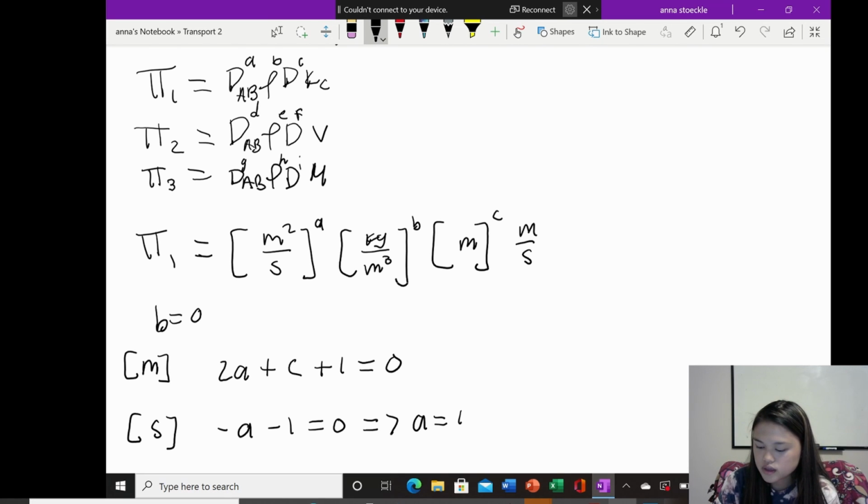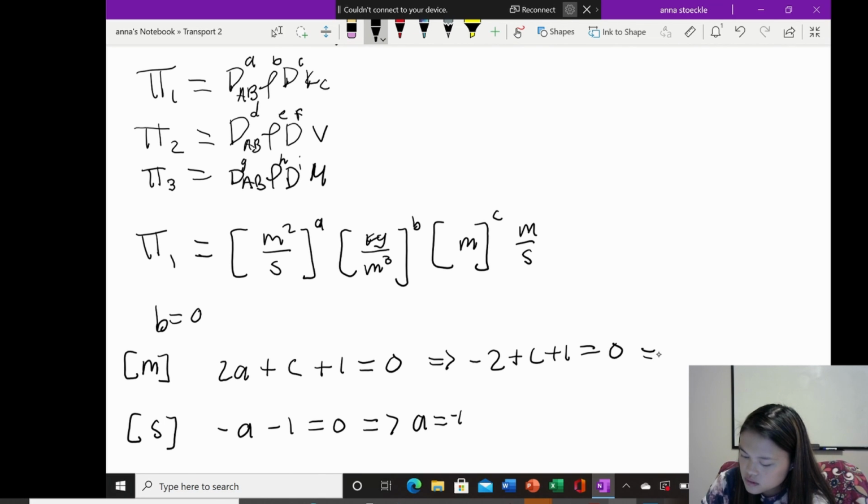So then if we plug this in, sorry, negative 1, so that will be negative 2 plus c plus 1 will equal 0. So that just leaves you with negative 1 plus c equals 0. So we get that c equals 1.